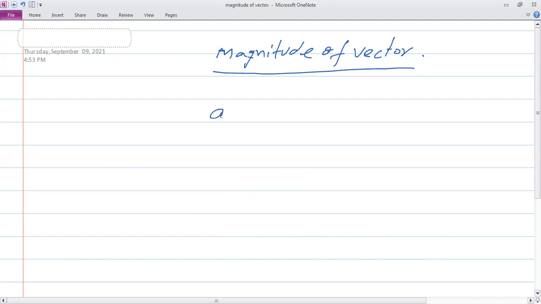Let's say we have a vector A, and that is x, y. If I have to find the magnitude of A, we write mathematically like this. We write the vector and put these two straight lines. We read it as magnitude of A.